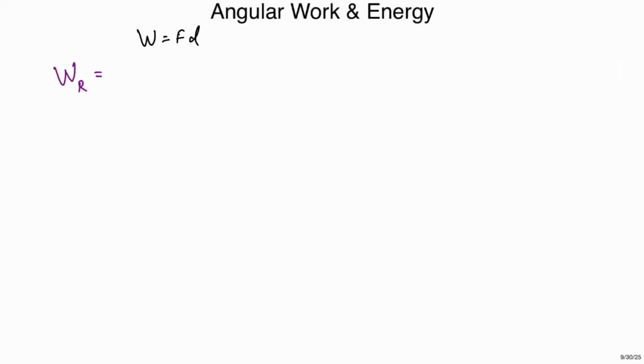I tortured you with it last time. Torque. And instead of linear distance traveled, what do we use for distance in rotation? Theta. So there is a way to calculate angular work. How much work does it take to get something to spin? Well, if you know the torque it takes and you know how far it rotated, you have an idea what work was done. Now, what are the units of it going to be? Hint, it's work.